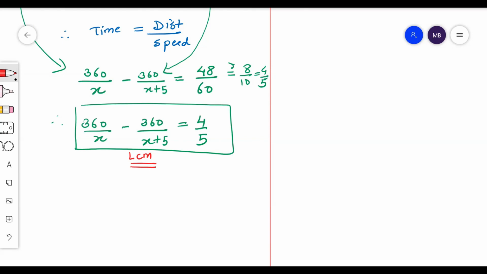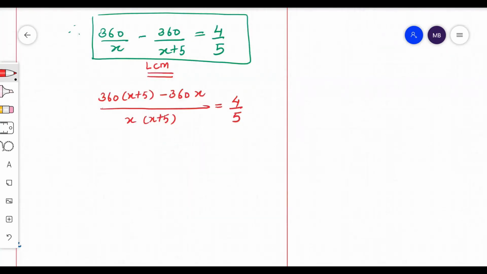For taking LCM, we cross multiply and multiply the denominators. So cross multiplication, 360 into x plus 5 minus 360 into x whole upon x into x plus 5 equal to 4 upon 5, right?